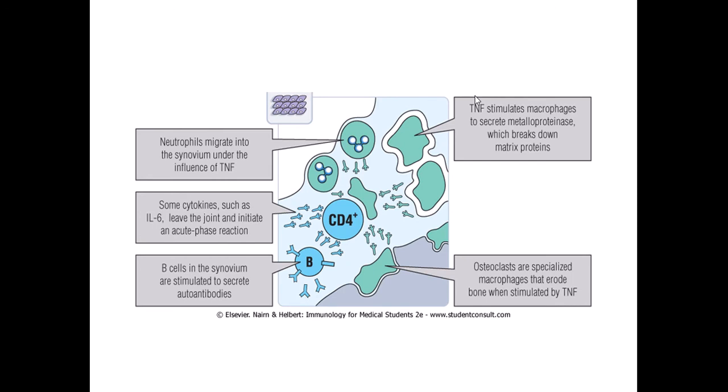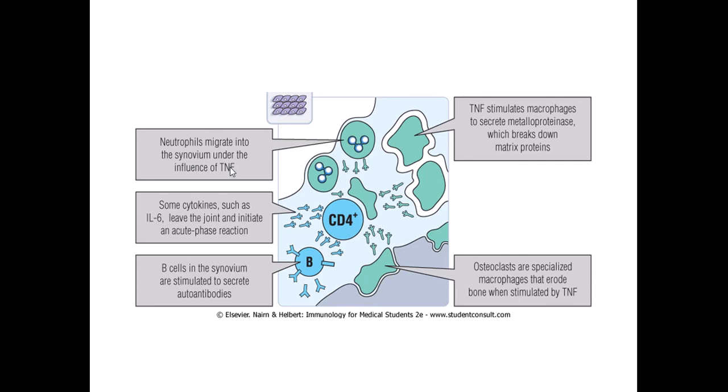So it is so important to understand the pathogenesis of rheumatoid arthritis and the mechanism of destruction of the bone. So you can see here how neutrophils, to start with, migrate into the synovium under the influence of the tumor necrosis factor. So the tumor necrosis factor is the triggering cytokine in rheumatoid arthritis.